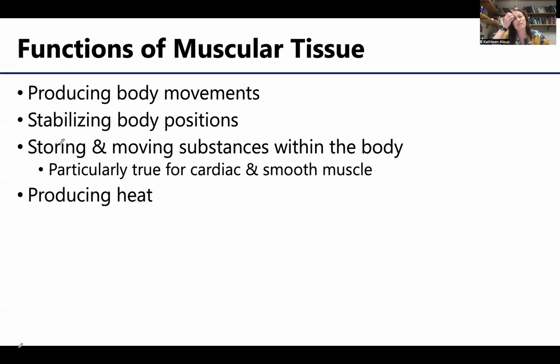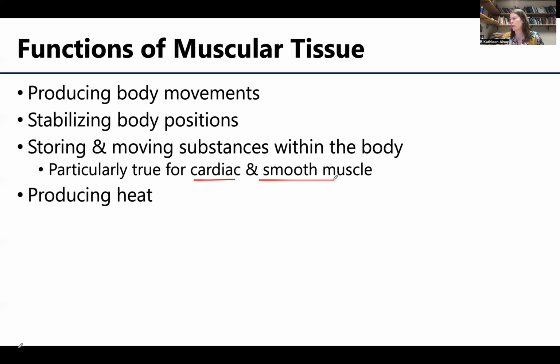Another one we think about, but I don't know, we don't think about it a lot in terms of say skeletal muscle tissue, but it does play some role there, and that's storing and moving substances within the body. And again, when we think about this, we really think about this with the other types of muscle tissue, so cardiac and smooth muscle. So if you think about blood moving through the heart and through the blood vessels, smooth muscles, if you think about the viscera associated with the gastrointestinal system, that comes up a lot of times.